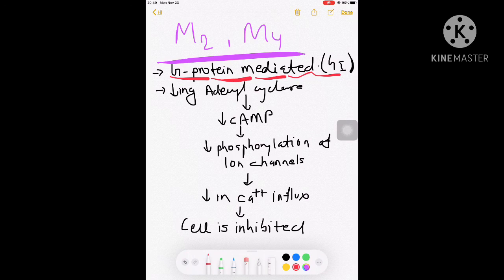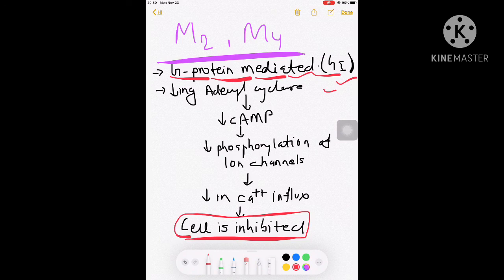If you want to remember only a few things, these two are the most important: they act by decreasing adenylyl cyclase, thus decreasing cyclic AMP. The decrease in cyclic AMP decreases phosphorylation of ion channels, meaning fewer ion channels are formed, so little calcium comes from outside to inside the cell, and thus the cell is inhibited.